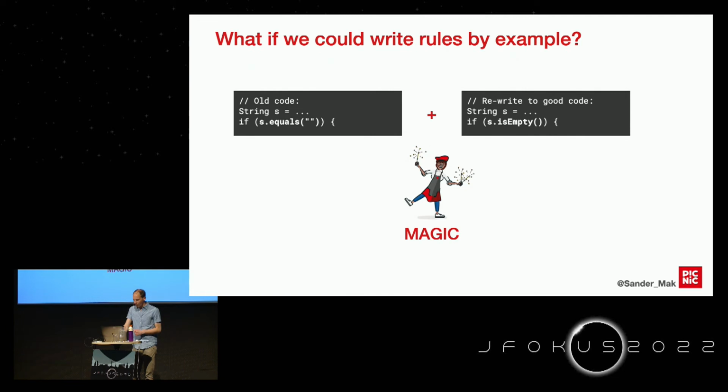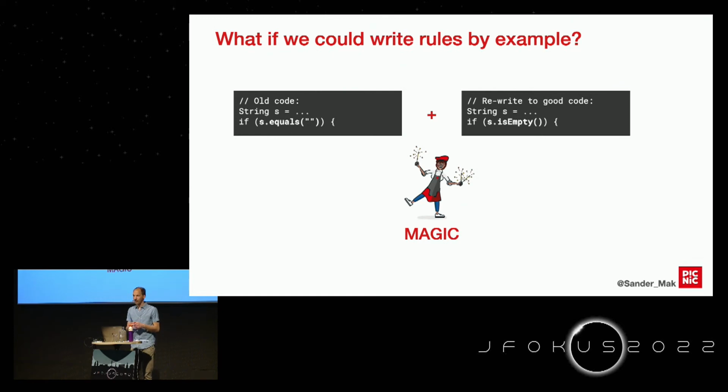Now, what if we could take this even a step further, right? Because the idea of some of these checks is pretty simple, where we say, okay, we have this sort of pattern, it looks like this. So we have this before code, this old code, and we also know what the resulting code should look like in concrete syntax. So what if we could actually specify rules in this way?